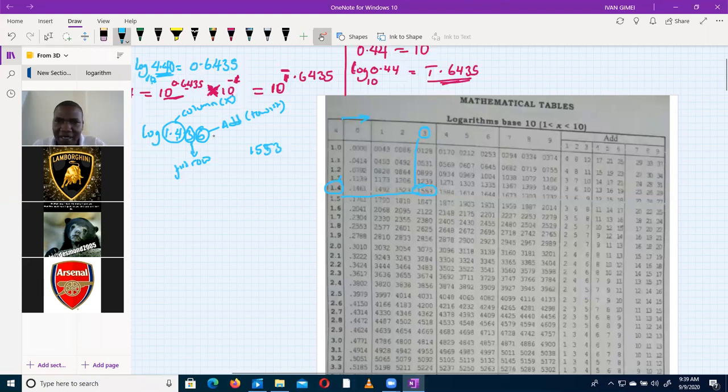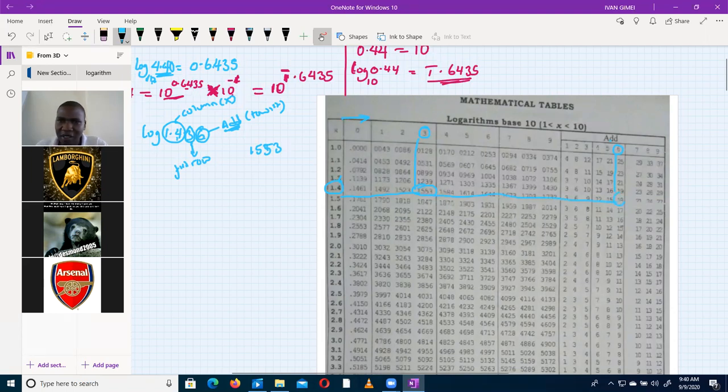What's the other digit? It is 6. We get 6 from the section of add. Some tables have subtract, but the ones you're going to use even in exams will have add. So you add whatever you see this way on top of what you've gotten before. This is my 6, and I move downwards. It coincides on 18.